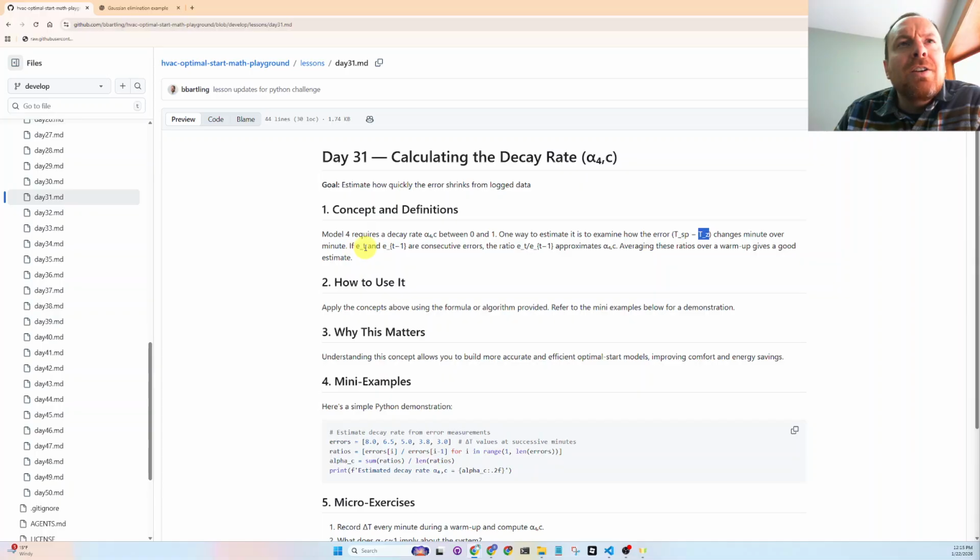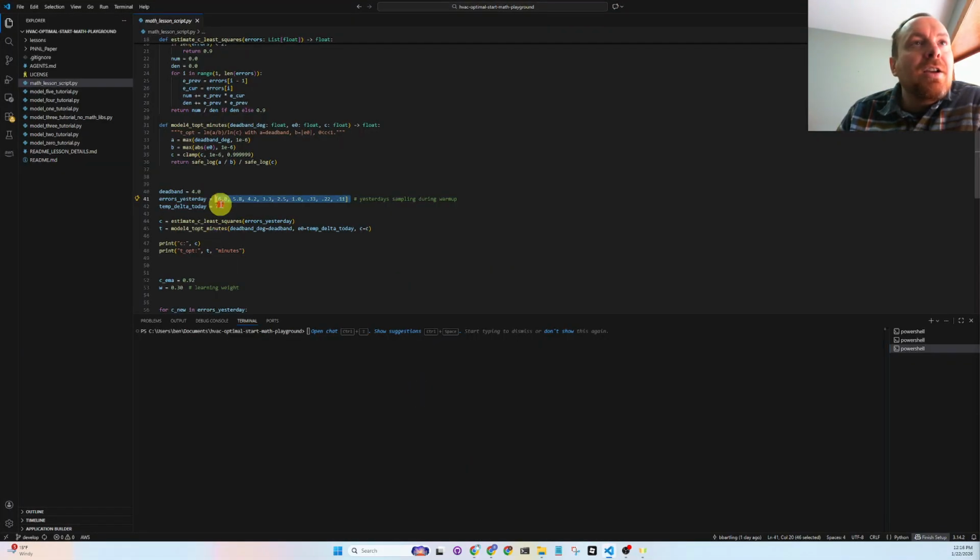So if the air temperature and this is our consecutive errors, the ratio approximates C. Averaging these ratios over warm-up time gives a good estimate. So I think they're saying you'd be averaging this data, this data, this data, this data.